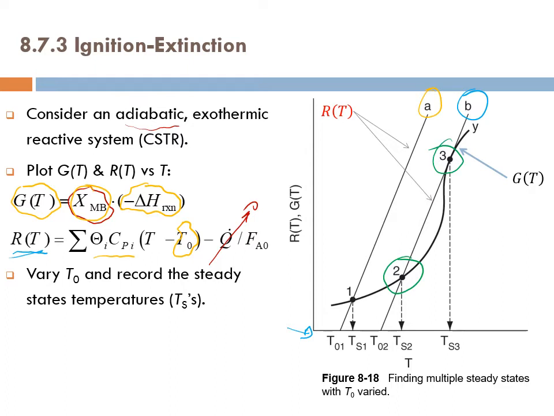How do we read the steady state temperatures? We go vertically down here. This is TS2, and for this one we go vertically down, and this is TS3. So we have TS2 and TS3 for the case where T naught equals T naught 2.